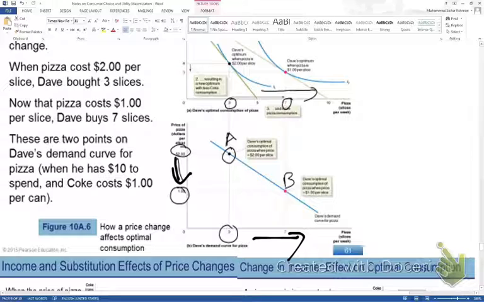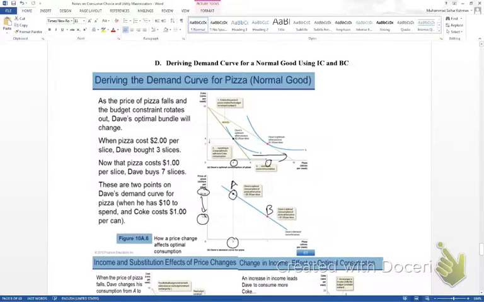What we have just shown is that our optimal consumption bundle based on indifference curve and budget constraint is very much consistent with the law of demand.